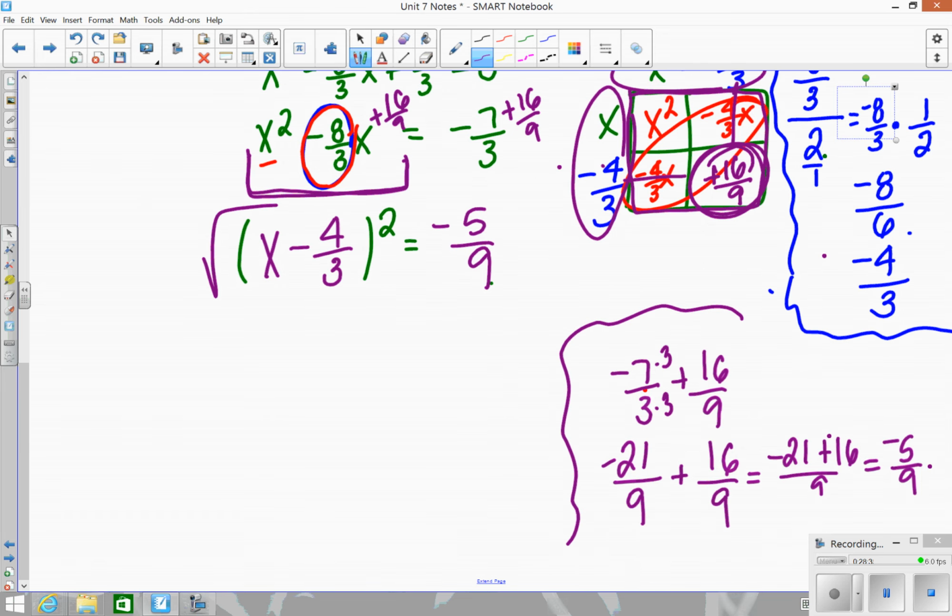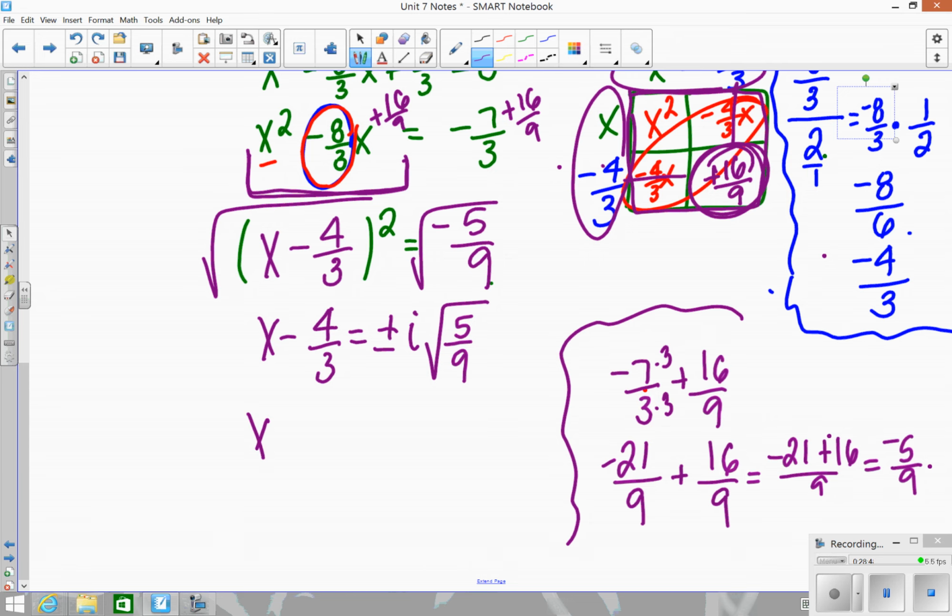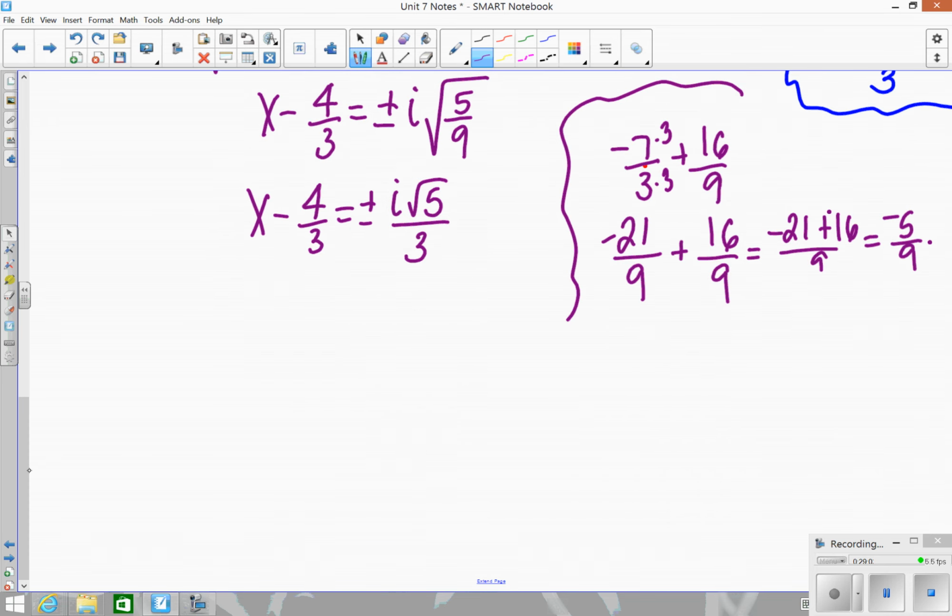So now I can square root both sides. Equals plus or minus, I'm going to go ahead and pull out the i, square root of 5 over 9. And you can think of this as square rooting the top and the bottom. So I have i, the square root of 5 is just going to stay, but when I take the square root of 9, I get 3. Now I'm going to simplify this in one more step here.